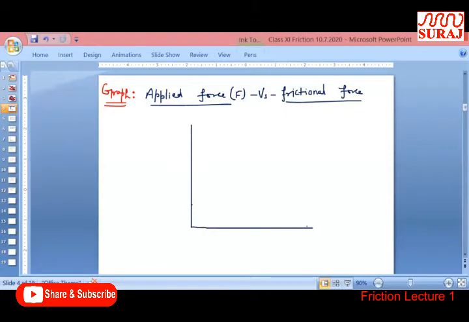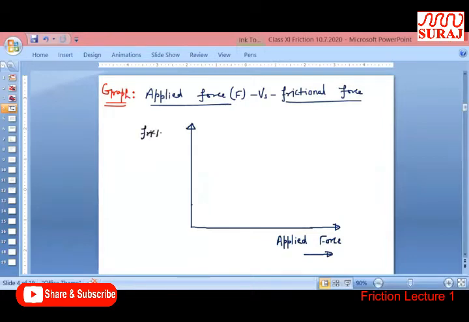So if I draw the graph of applied force and friction force here, taking the applied force on the x-axis, this graph is very important. For NEET students, this graph is asked 2-3 times.